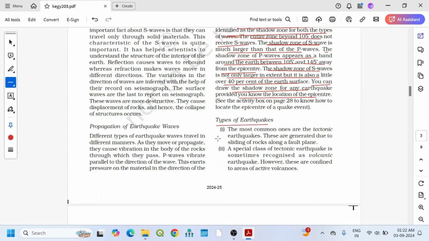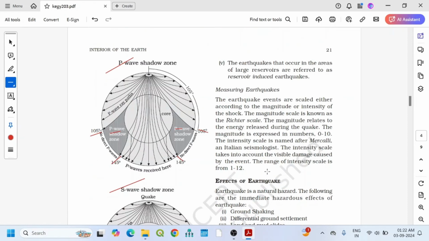Types of earthquake. The most common ones are the tectonic earthquakes. These are generated due to the sliding of rocks along the fault plane. A special class of tectonic earthquake is sometimes recognized as volcanic earthquake. However, these are confined to areas of active volcanoes.